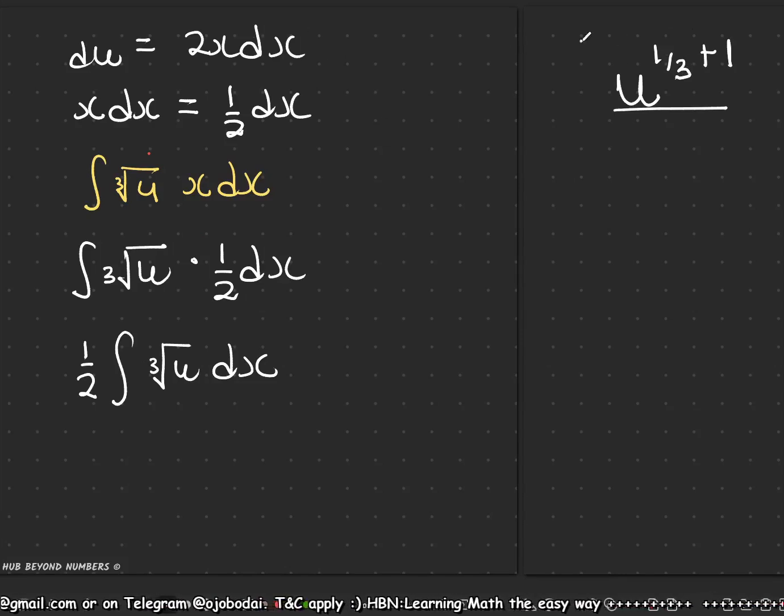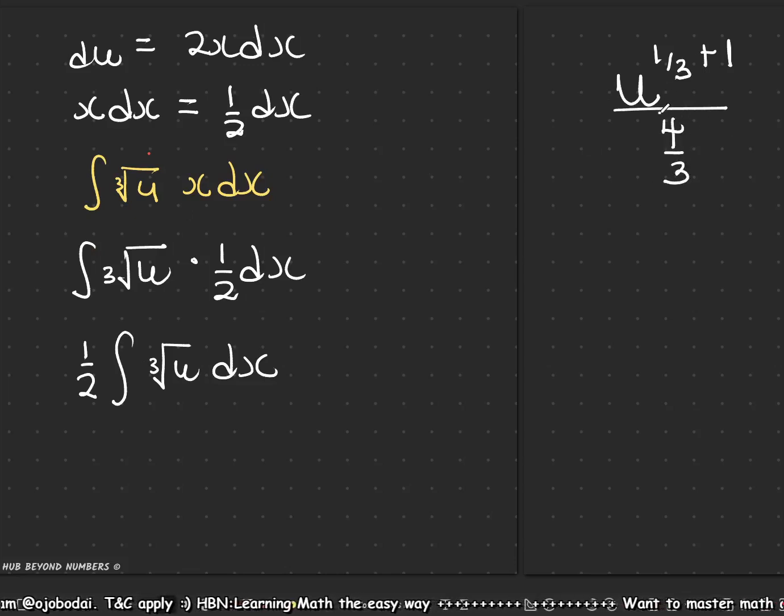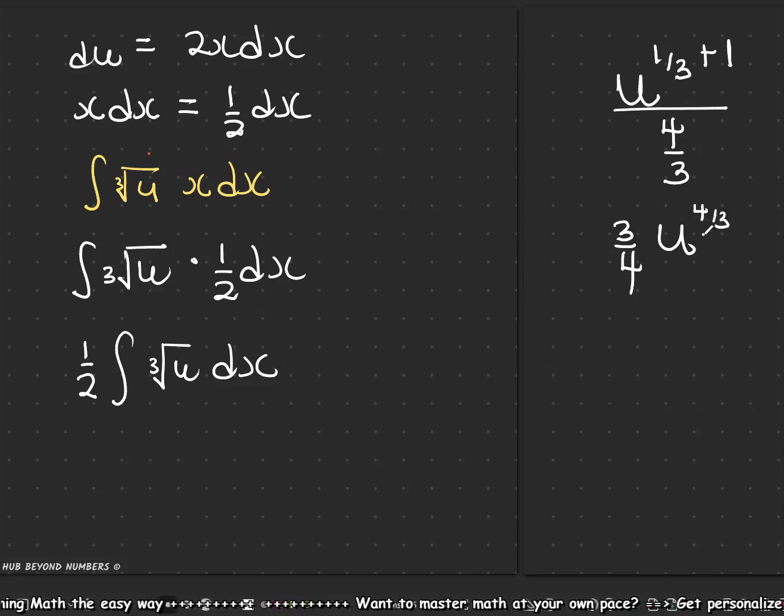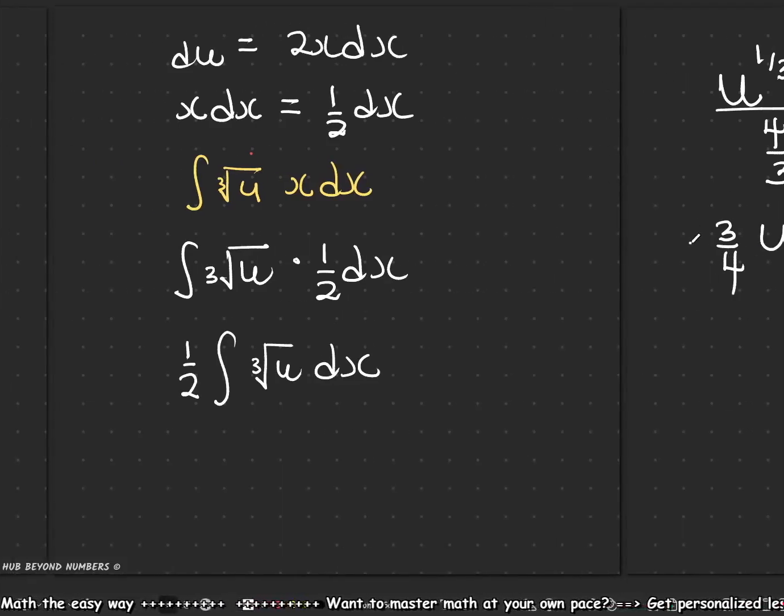So 1 over 3 plus 1, which gives us 4 over 3. And looking at the previous one we did, if you want to evaluate this, we are going to get 3 over 4 u raised to the power 4 over 3. So this is what is going to be our integration after this.